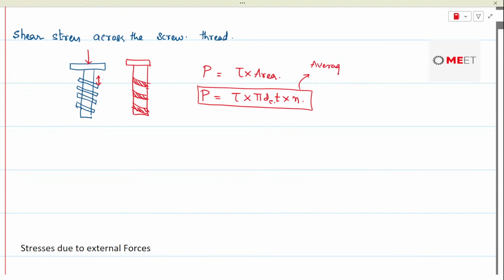Average shear stress across the screw thread.